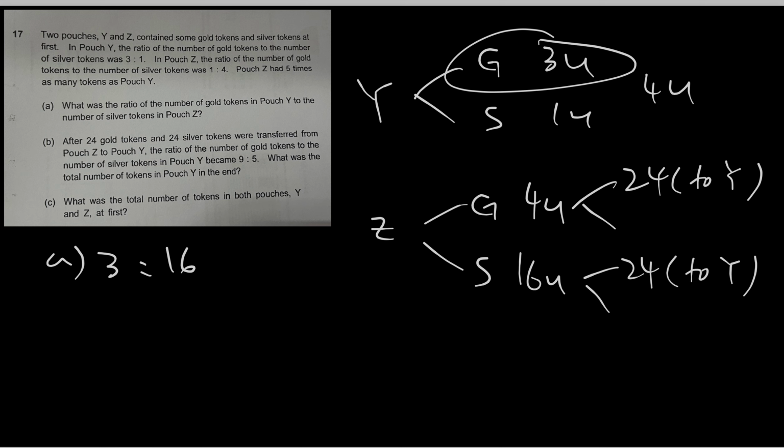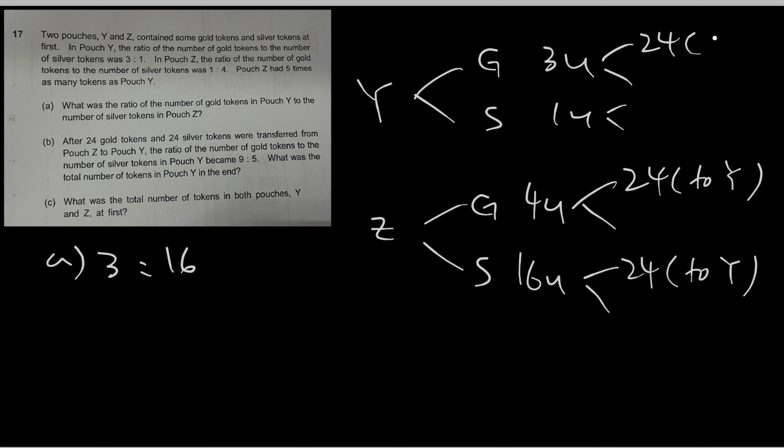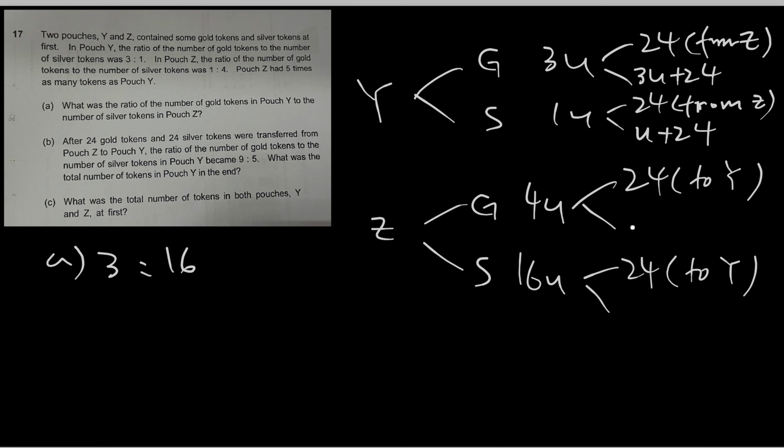So therefore this one will receive from Z. Okay, so this is 3U plus 24, U plus 24, and 4U minus 24, then this 16U minus 24, right?